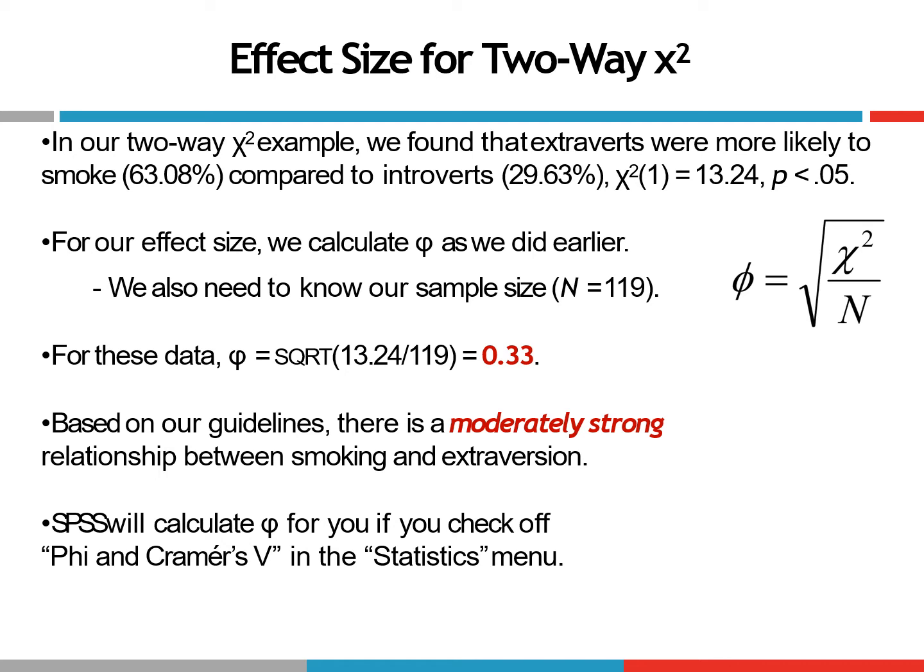And based on the guidelines I just showed you, that suggests that there is a moderately strong relationship between smoking and extroversion. Okay? And there's an easy way to get your effect size using SPSS, right? When you run your chi-square test in SPSS, just check phi and Cramer's V in the statistics menu, and that will give you the value of your effect size.